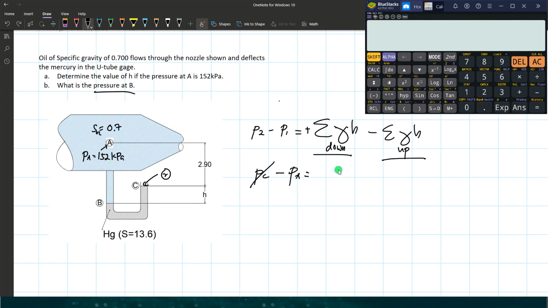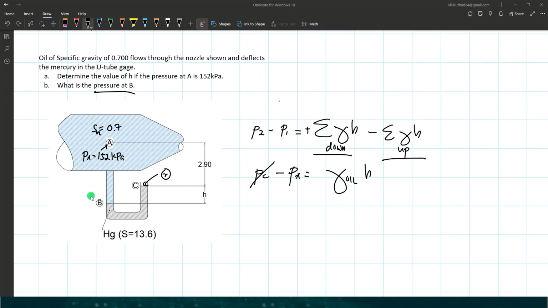We determine the product of the unit weight of oil and the corresponding height. The corresponding height is the vertical distance from the starting point of the fluid to the end point of that fluid. The end point is point B. So we have a vertical distance from point A to point B for the oil. Our total height from point A to point B is 2.9 plus H.